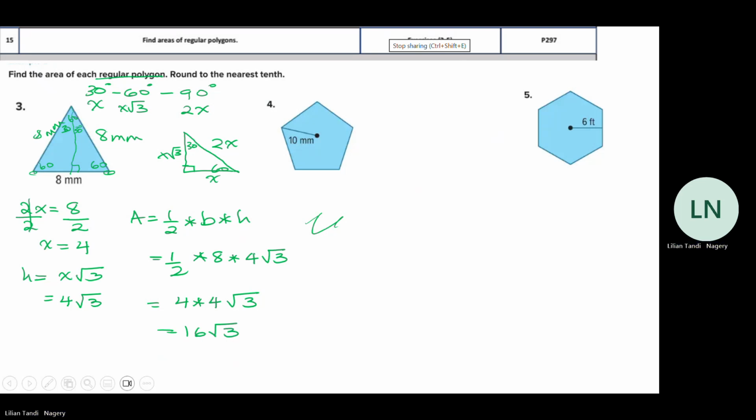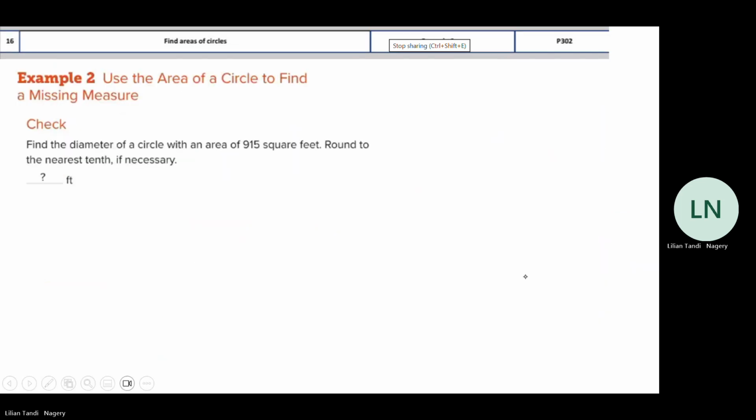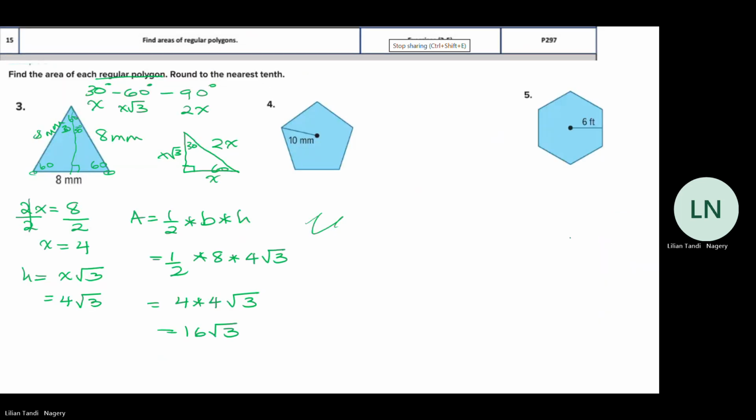16 times square root of 3 is 27.7. Okay, so this will be 27.712.